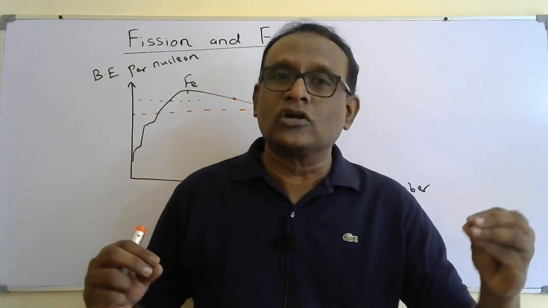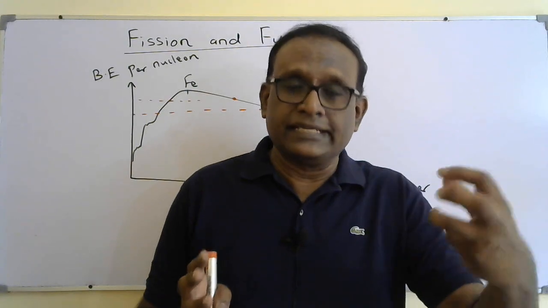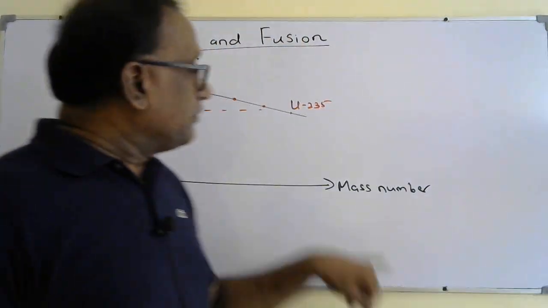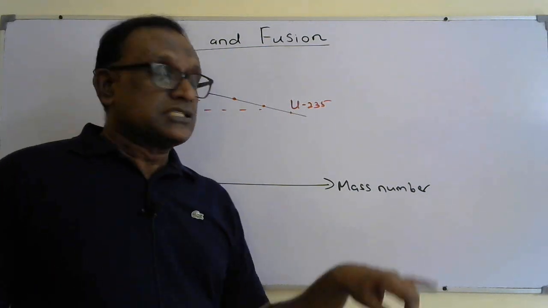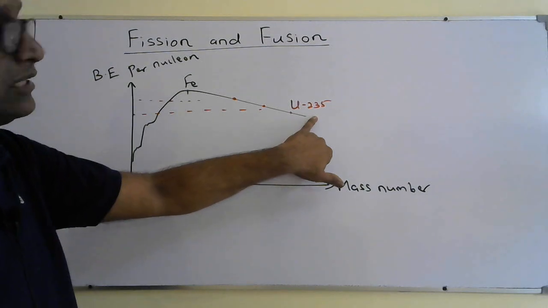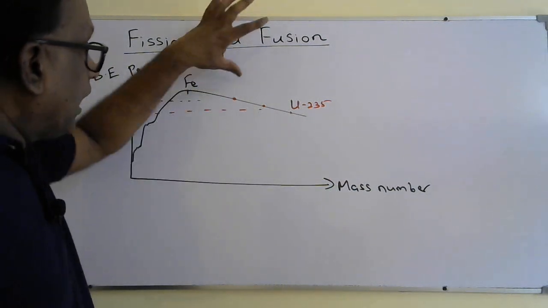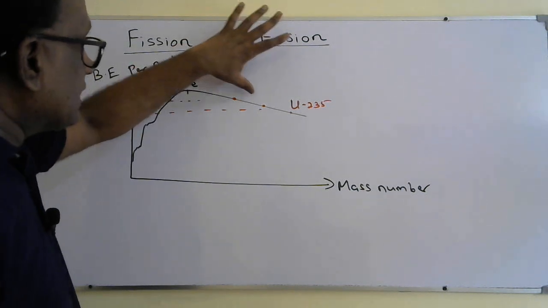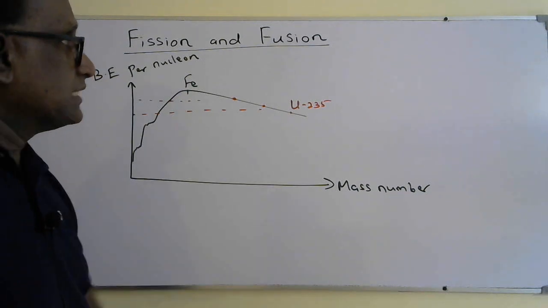We need to give a small amount of energy to start the reaction in the form of kinetic energy of the neutron. But anyway, the net energy will be released. So the stability of the products will be more than the stability of the initial nucleus, which is uranium, because the binding energy per nucleon is higher than that of the initial nucleus.